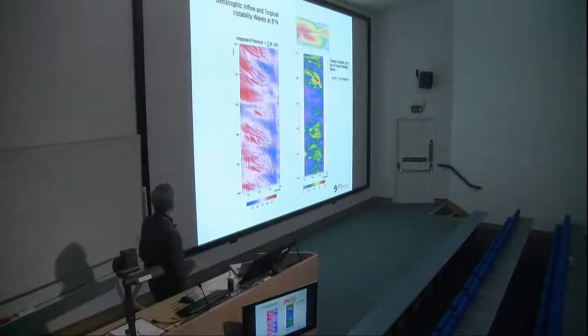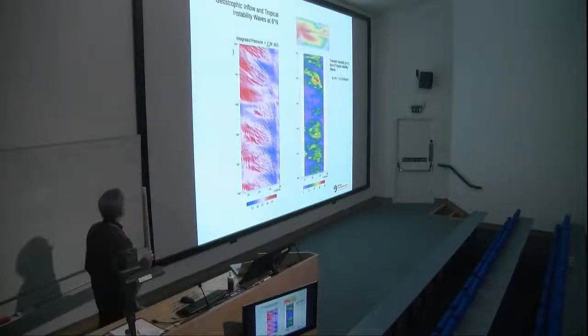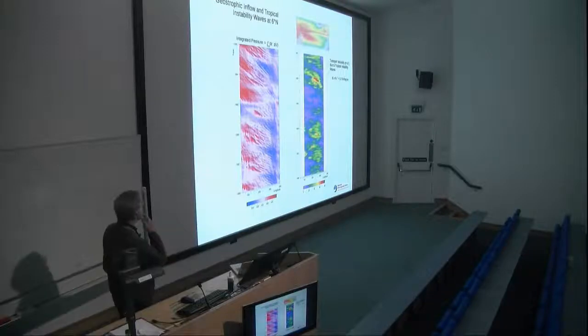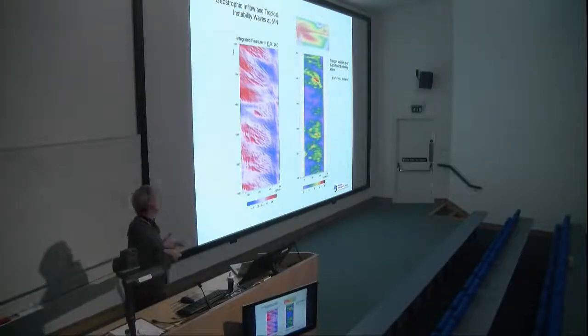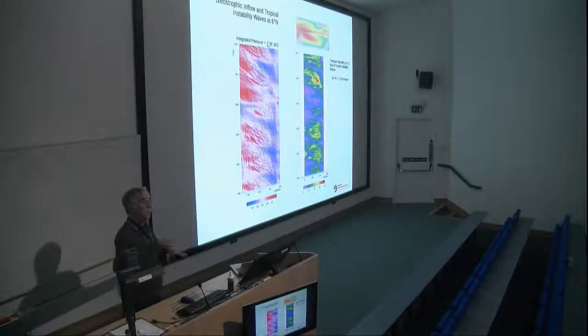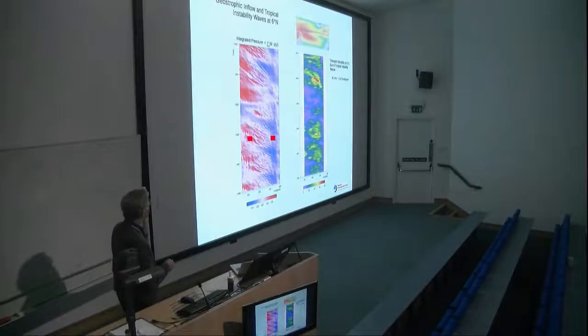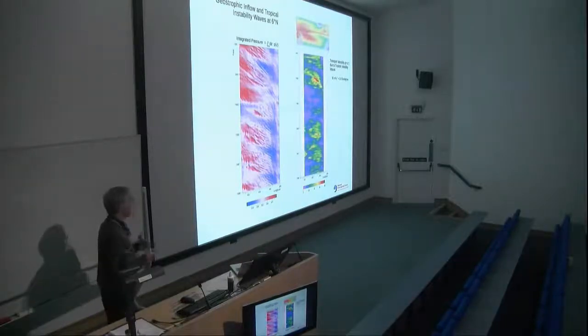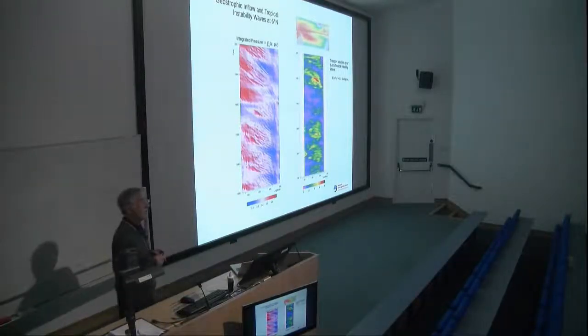I then tried to have a look at the geostrophic return flow, and what I've done is produced a pressure integral, and you'll have to just believe me that that gives the pressure integral down to about 300 meters, and that gives me some measure of the geostrophic inflow. The slope of this gives you the geostrophic inflow, and if I take the average slope, that roughly equals the average Ekman transport, away from the equator here.